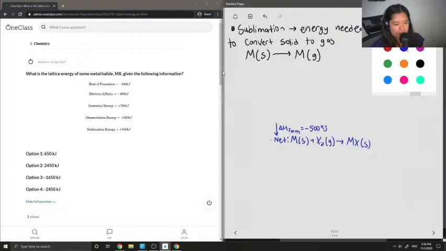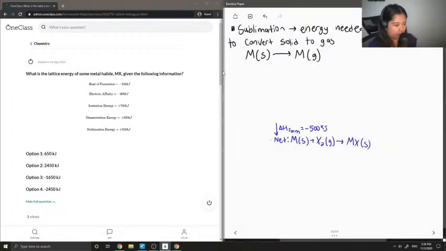So in order to get from our elemental solids and gases, we first need to convert our solids to gas, and then our gas needs to be ionized. So I'm going to write it out like this.